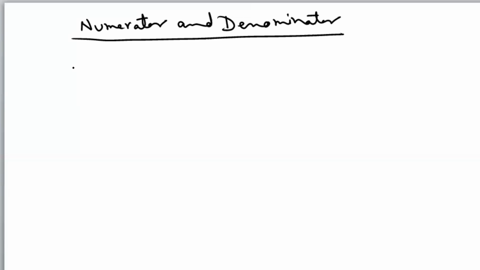When we have a fraction like 1 by 4, this is a fraction. The numerator shows how many parts you have. It means out of the whole, how many parts you have, that is called the numerator. Or you can say the top number is the numerator. And the bottom number is the denominator.